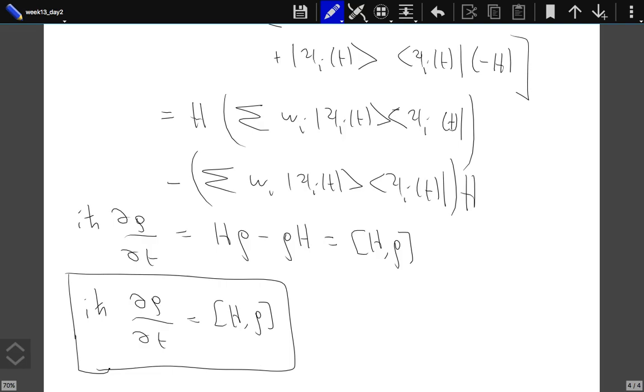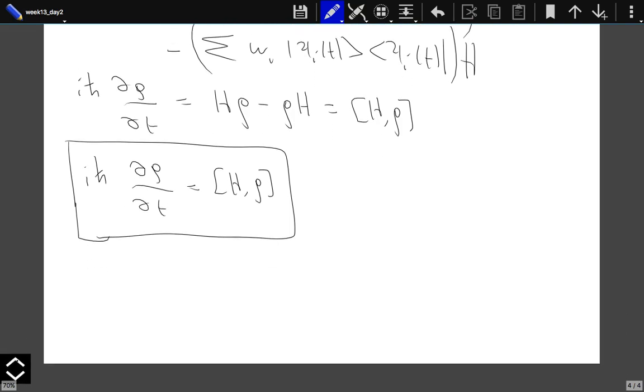Some of the particles will be described by one ket, some of them by some other kets. Questions?